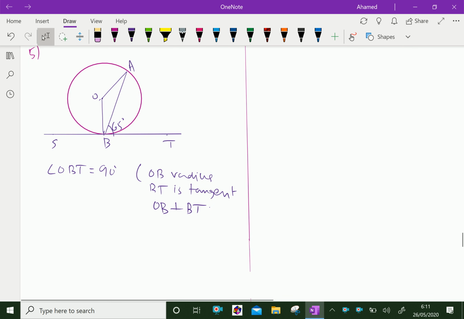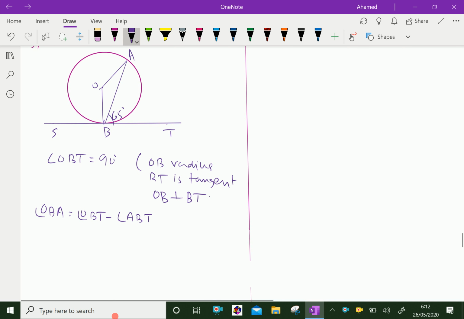Now, therefore, angle OBT is 90 degrees and angle OBA equals angle OBT minus angle ABT.